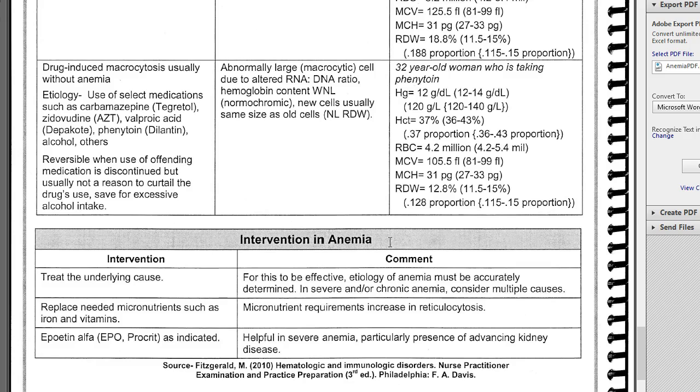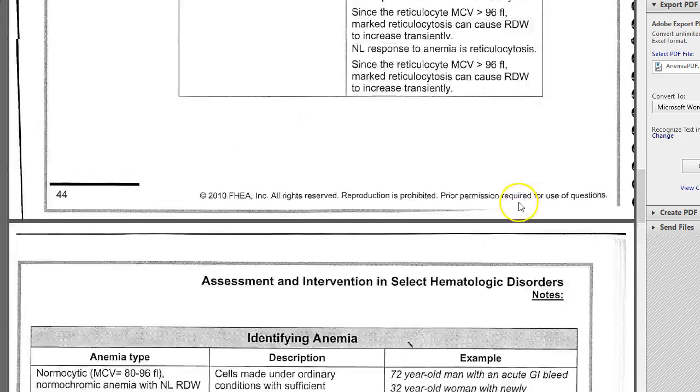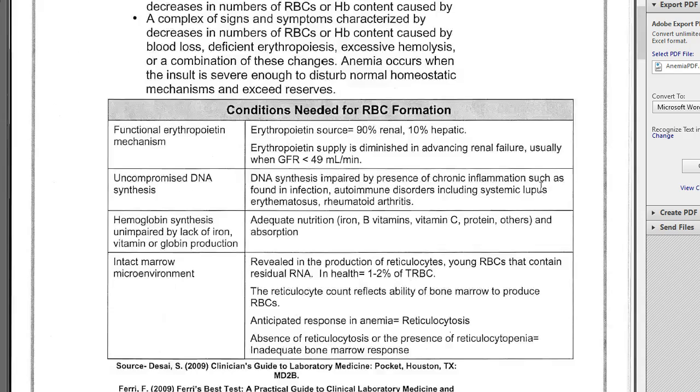Anemia is a big thing, but I hope that breaks it down a little easier for you and makes it a little easier to understand, following these sheets and what we talked about and what to look for.